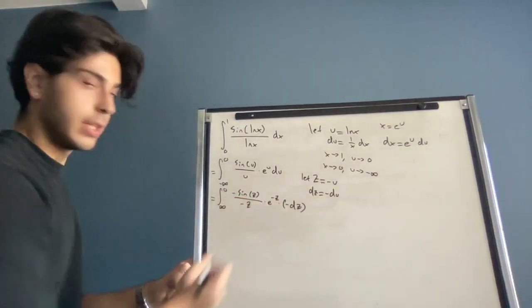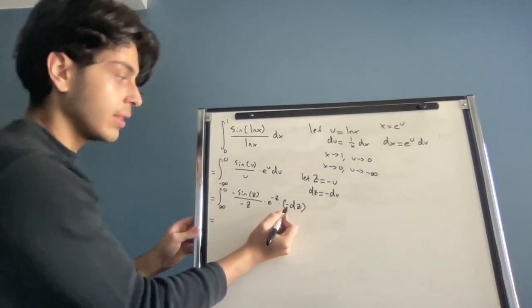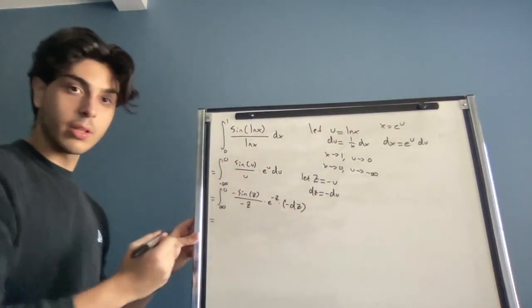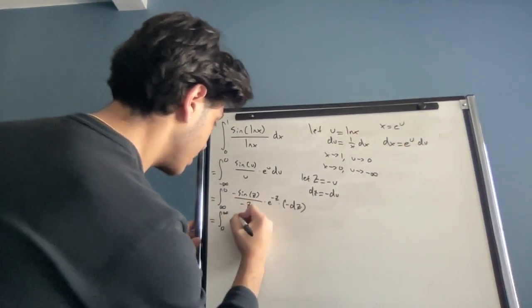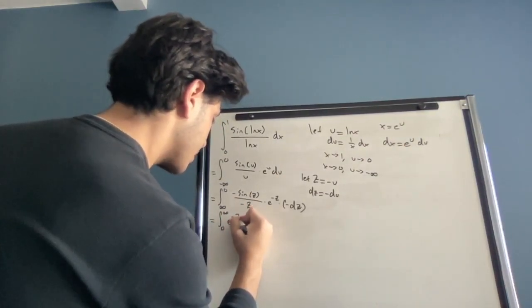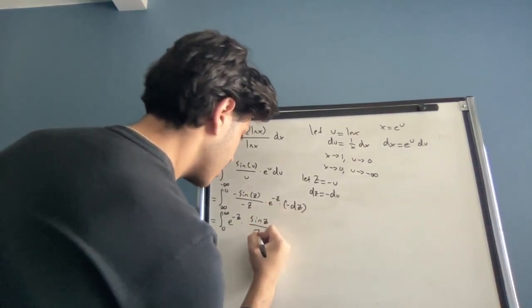The negatives here cancel, and you're left with one negative here. This negative can then be used to switch the bounds of integration, and you get the integral from 0 to infinity of e to the negative z times sine z over z.